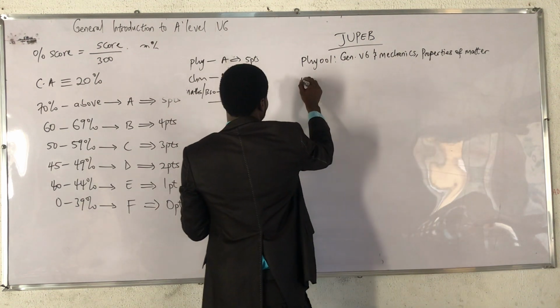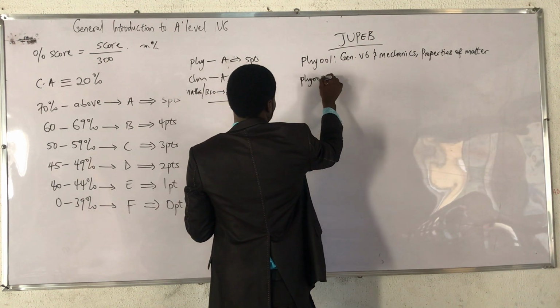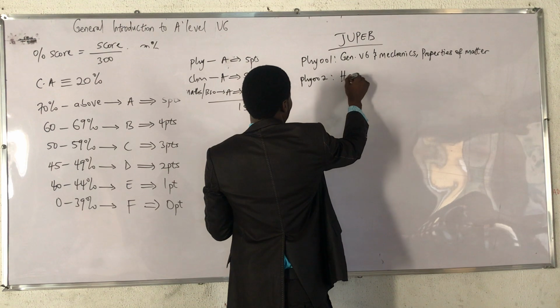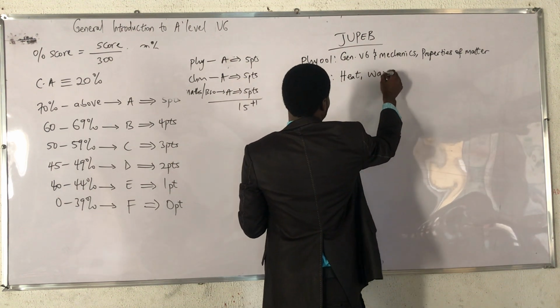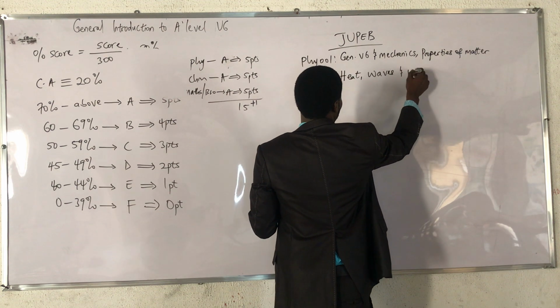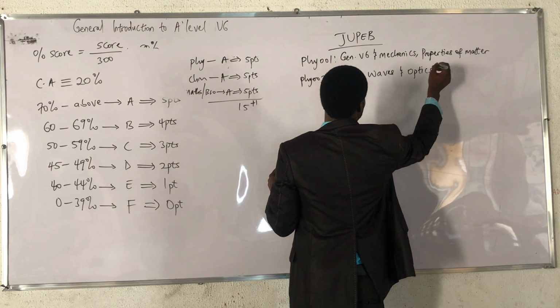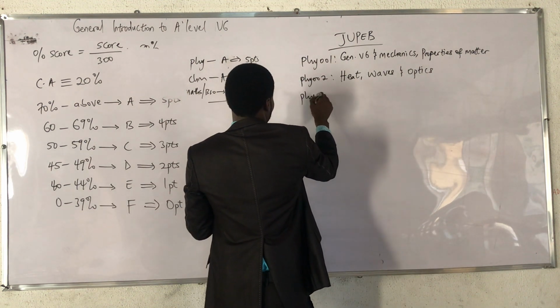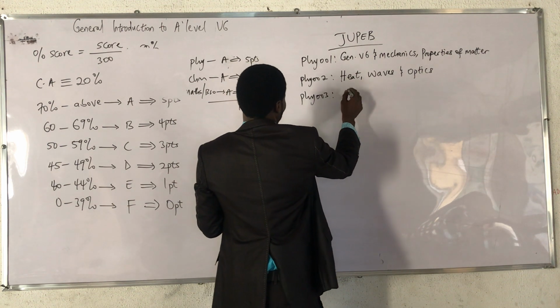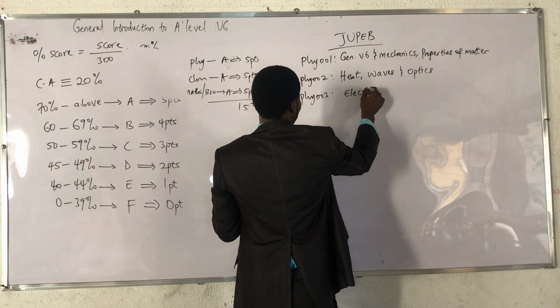Properties of matter. Physics 02, we have heat, wave, and optics. Then 03, we have electricity and magnetism.